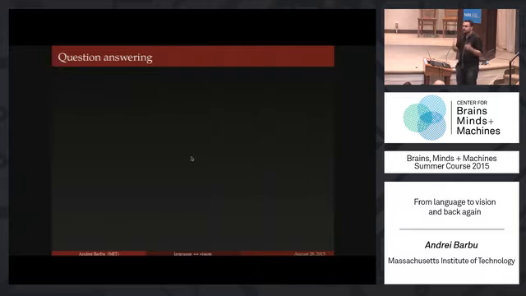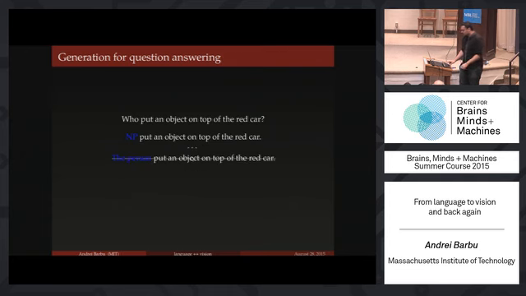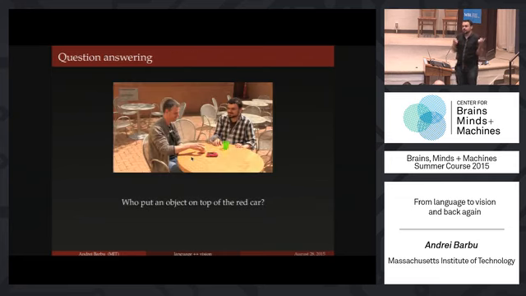So to handle this, in the same way that in generation we had this one parameter that we could tune to get more or less verbose sentences, we're going to add only one parameter to question answering, which is kind of a truthfulness parameter. This sentence, the person put an object on top of the red car in this video, is very ambiguous, right? It could either be Danny that did it, or it could be me that put something on top of the red car.